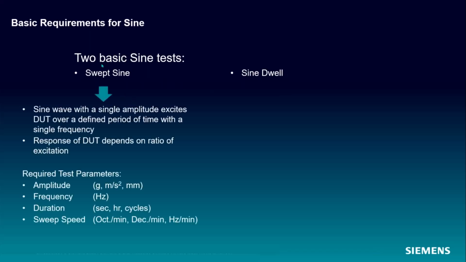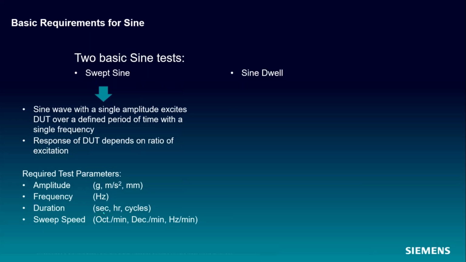The basic idea behind swept sine is we're going to have a single amplitude at any one point in time. As a basic requirement, we need in a test specification the amplitude and frequency breakpoints that we program into our test definition. We need to know the duration of the test, i.e., are we going to do one sweep? Are we going to do 10 sweeps? Are we going to sweep for an hour?